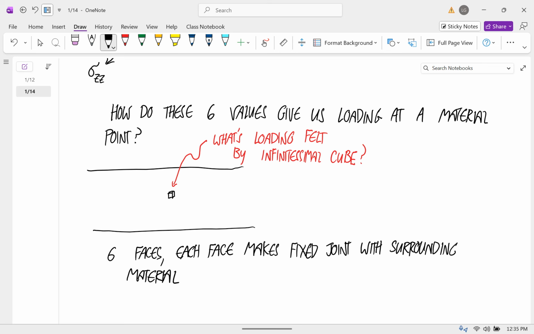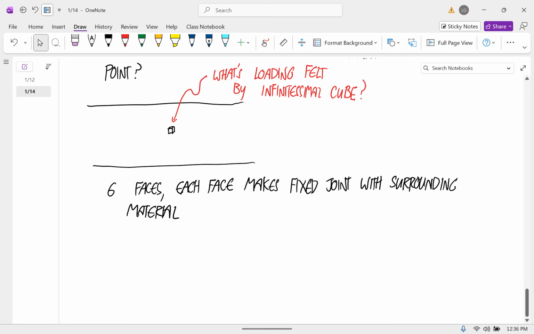Think about this thing. It can translate in any one of these three axes. So that's three forces that need to be applied to hold it in place. And it can rotate about any of the three axes. And so you need three couples in order to keep it from rotating, right?